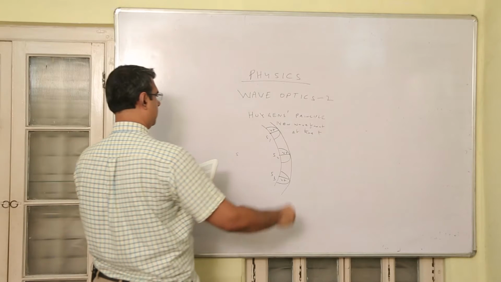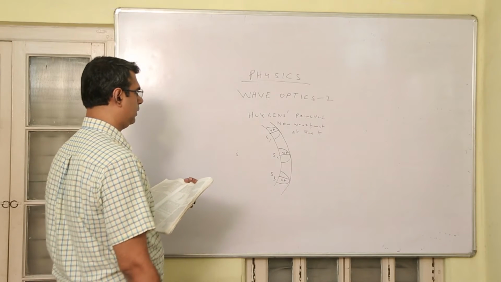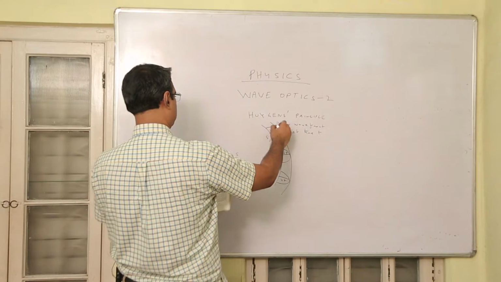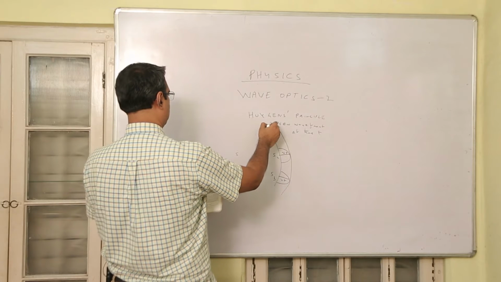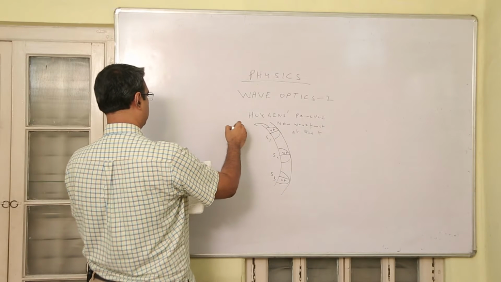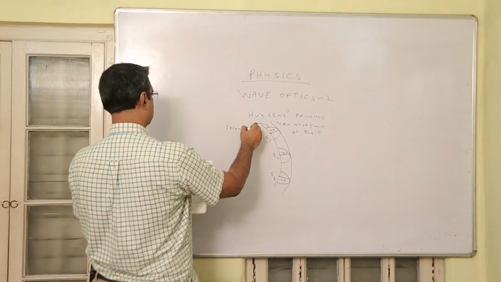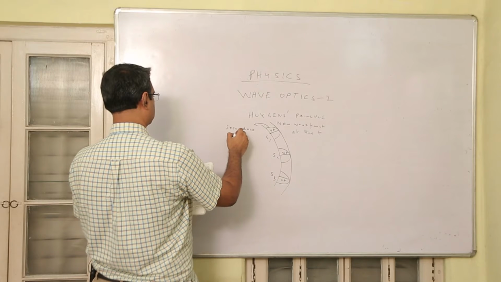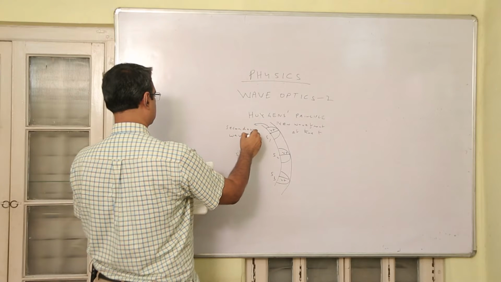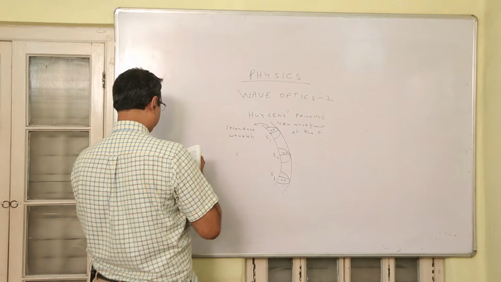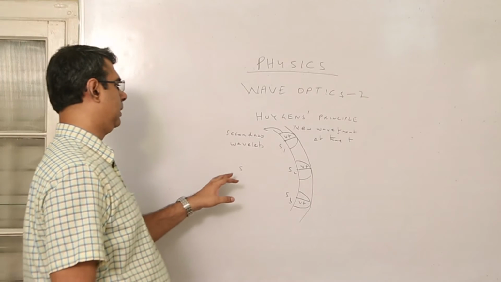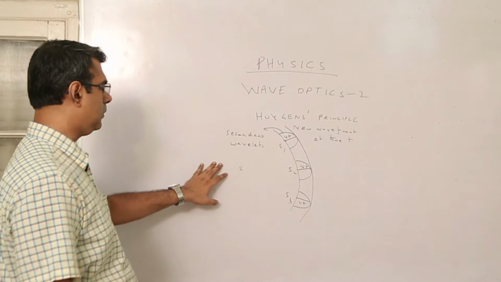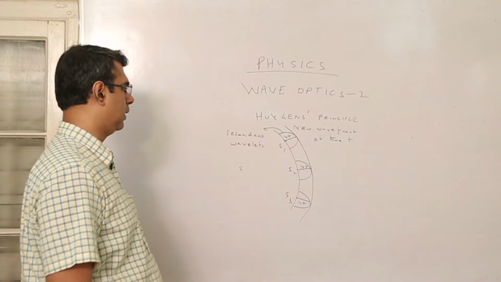So let us say you are interested in knowing the new position of the wavefront at time t. It will be the envelope of all these arcs, and these arcs are called secondary wavelets. Now what I mean to say is that you first located a wavefront.